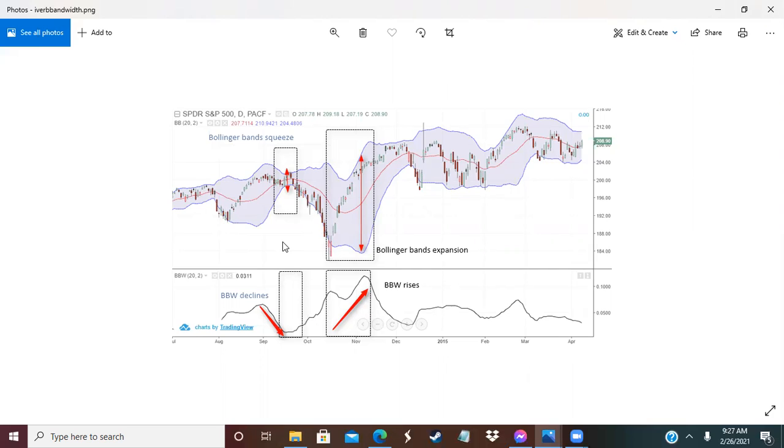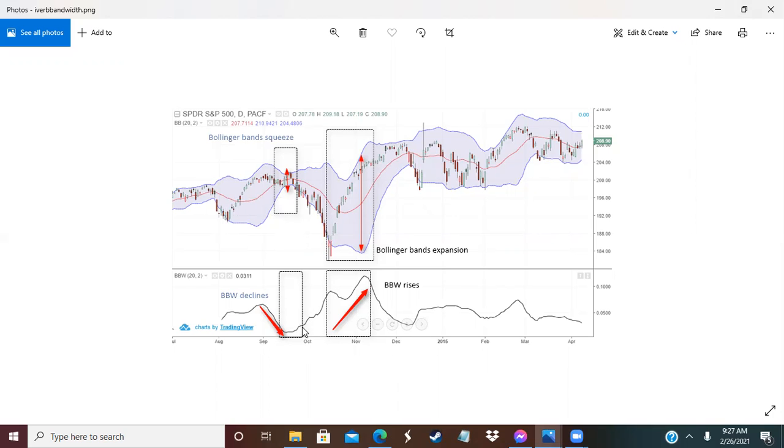Now, that's the thing about the Bollinger Bandwidth and the breakout. Using the breakout and the squeeze, it's not going to tell you which direction it's breaking out in. You've got to look at the candlesticks for that to see the way that it breaks out. But when you find the Bollinger Bandwidth extremely low, coupled with that squeeze, a breakout is coming.